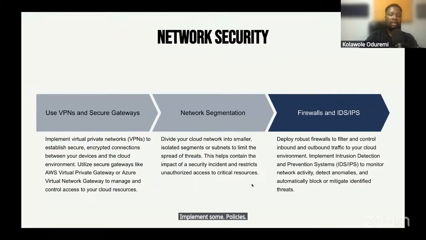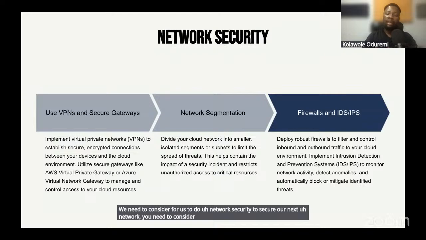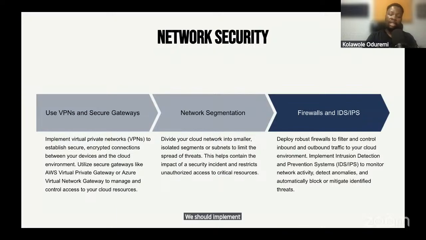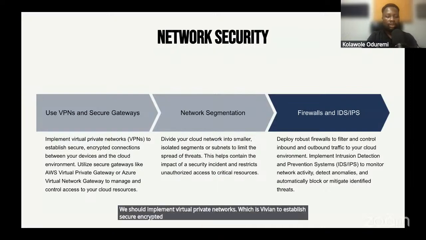Next on the agenda is network security. To secure our network, you need to consider using VPN and secure gateways. We should implement virtual private networks, which is VPN, to establish a secure encrypted connection between your device and the cloud environment.